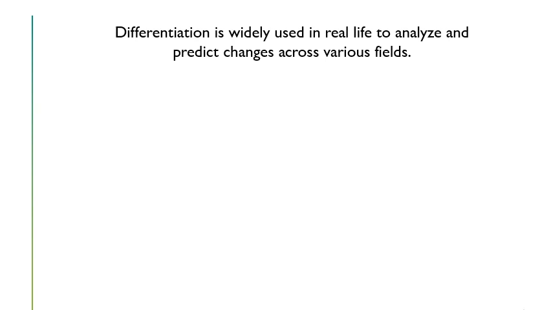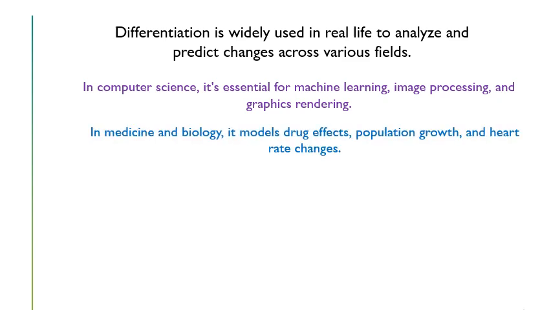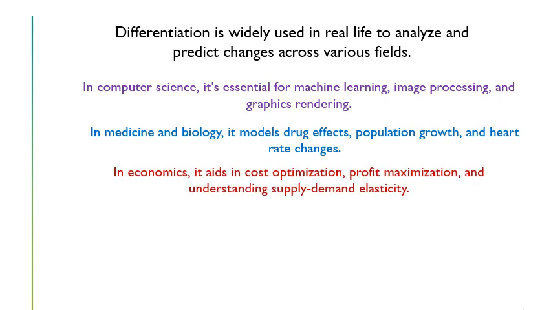Differentiation is widely used in real life to analyze and predict changes across various fields. In computer science, it's essential for machine learning, image processing, and graphics rendering. In medicine and biology, it models drug effects, population growth, and heart rate changes. In economics, it aids in cost optimization, profit maximization, and understanding supply and demand elasticity.